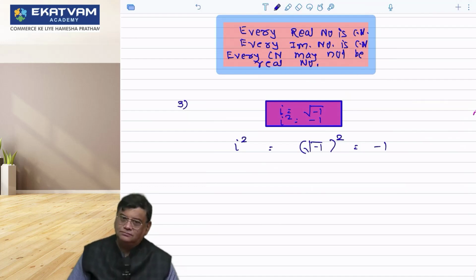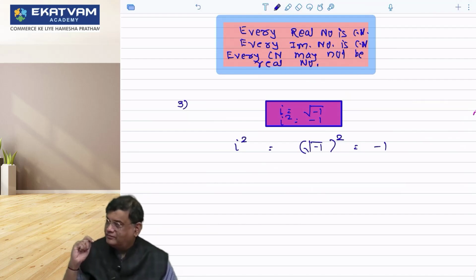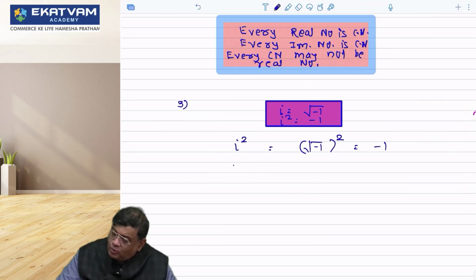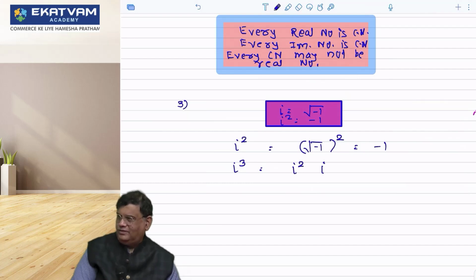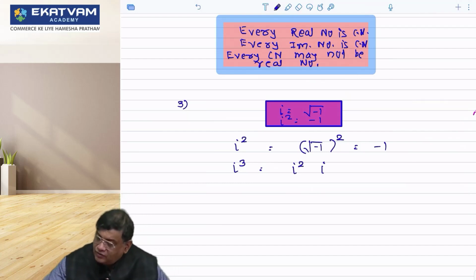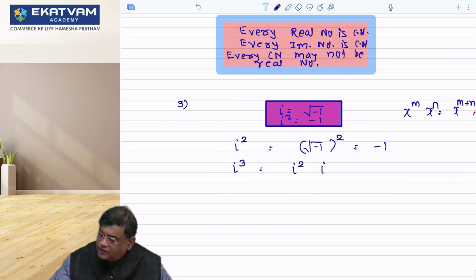Now I asked you, what is i cube? i cube can be split as i square into i. Try to understand: x raised to m into x raised to n could be written as x raised to m plus n. i cube can be written as i square into i raised to 1, that is i raised to 3.